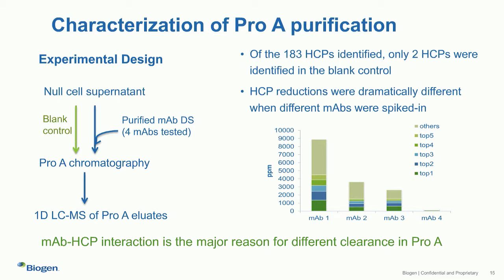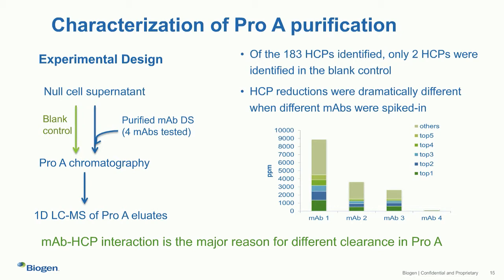We also have the result of a blank control, which is not shown in this figure. In the blank control, when no mAb was spiked into the null cell supernatant, we were only able to identify 2 host cell proteins. We think these host cell proteins have minimum interaction with the Pro A beads, so most of the host cell protein wouldn't survive during Pro A purification.